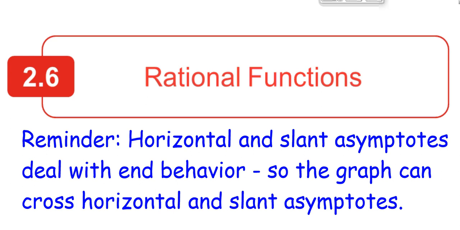However, horizontal and slant asymptotes, which will be the other asymptotes that we're looking at in this lesson, deal with end behavior. So the graph can cross horizontal and slant asymptotes. Generally, if they are going to cross, it's going to be closer to the y-axis as we go.